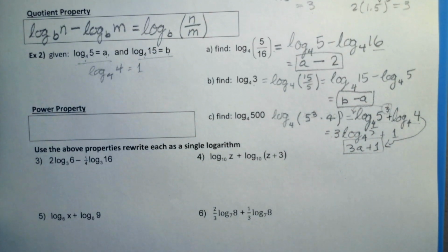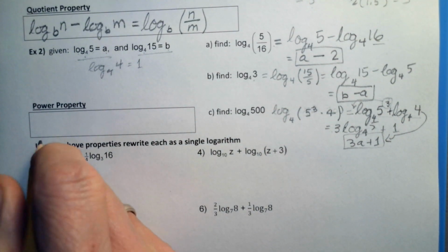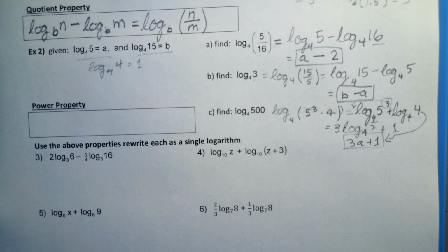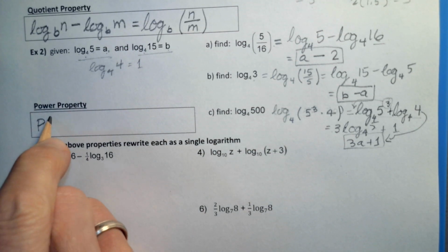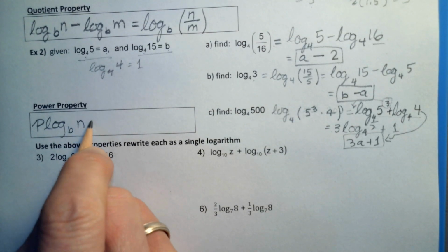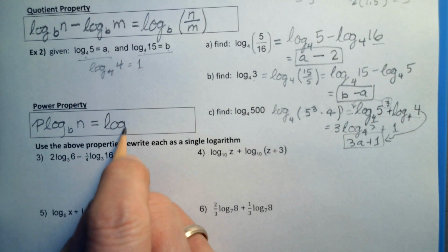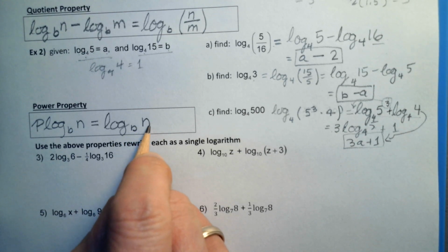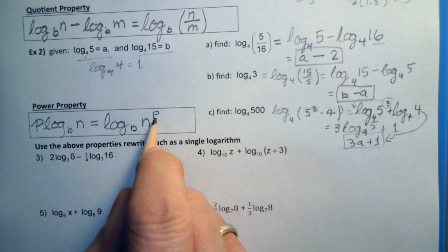Okay. All right, the power property. I want to write it in the same way we had it on the other sheet. Let me find my other sheet here. I think it started with the p out in front. So p log base b of n is equal to log base b of n raised to the p.